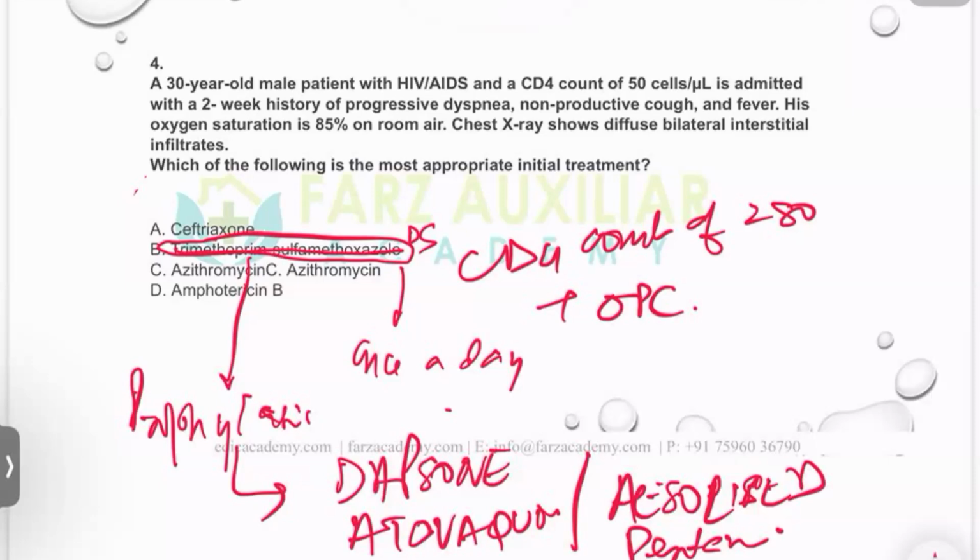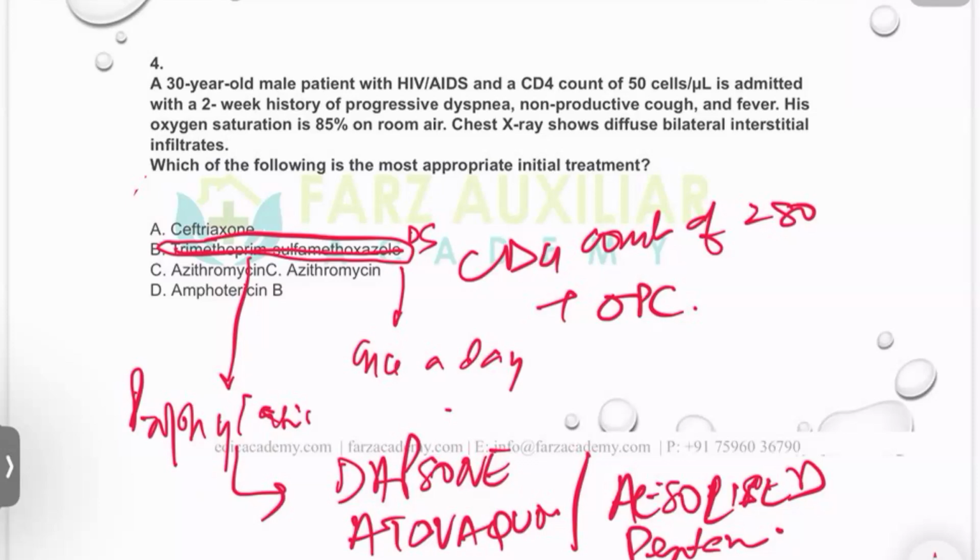So there are three main considerations. One is how you diagnose. That is Gomori methenamine silver or Giemsa staining, or PCR of the respiratory secretions. CD4 count less than 200 or presence of oropharyngeal candidiasis subjects the patient to prophylaxis. And the drugs involved are trimethoprim sulfamethoxazole. If you cannot use them, the next drug is pentamidine.